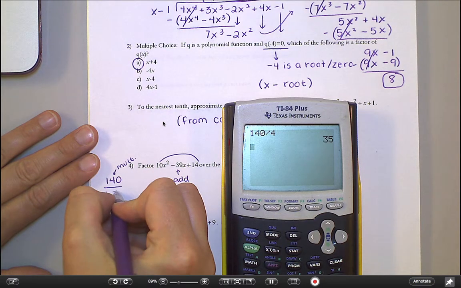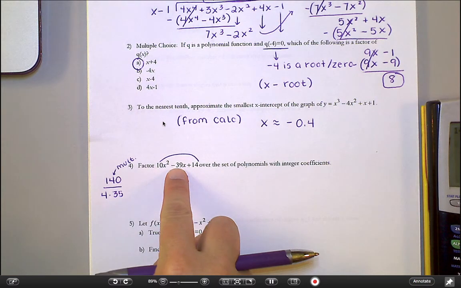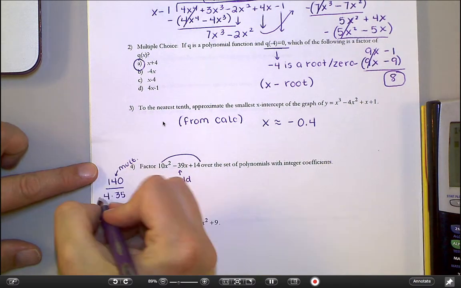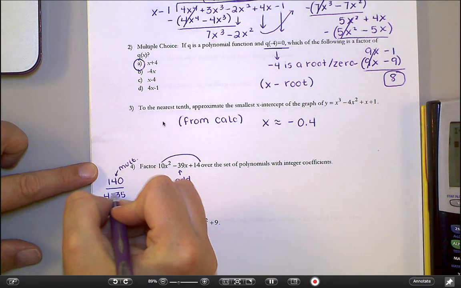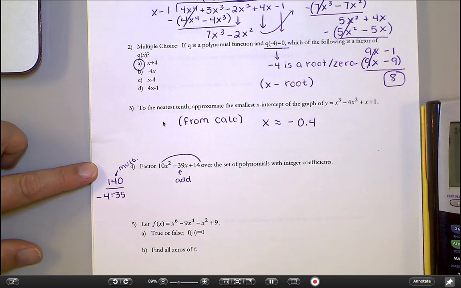I knew it was something like that, but if you couldn't come up with that off the top of your head, because I don't expect you to, I'm just cheating because I did this one in class, start making a list of all the ways to multiply to 140 until you stumble across one that also adds up to 39. Now, the fact that that's a -39 means I want to use 2 negatives here, because 2 negatives multiply to make a positive, but they add to make a negative.